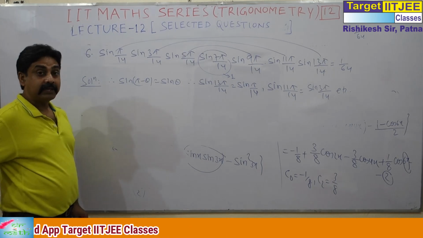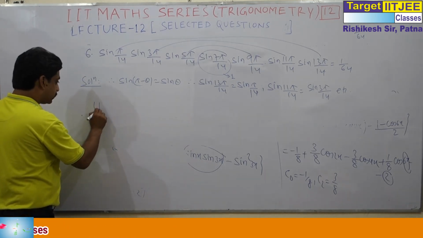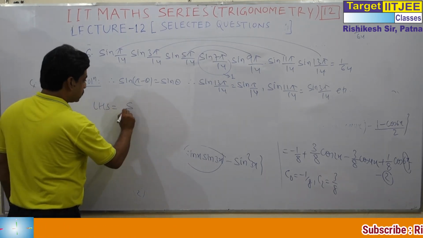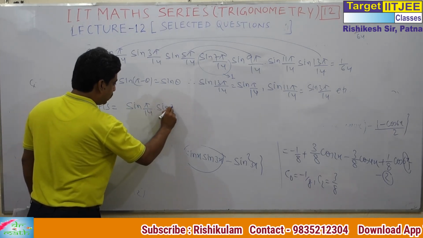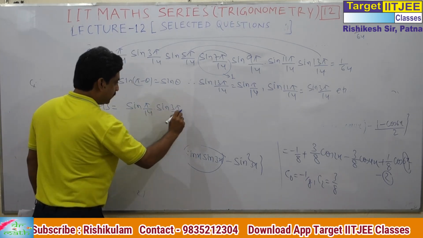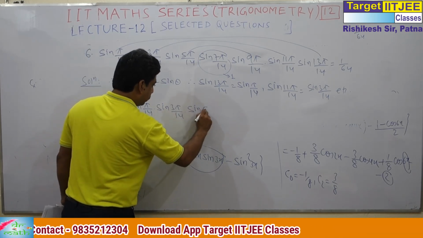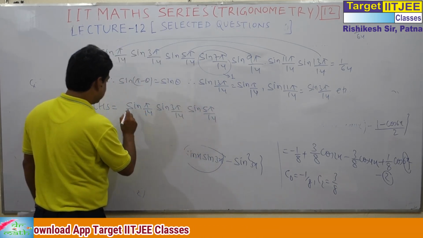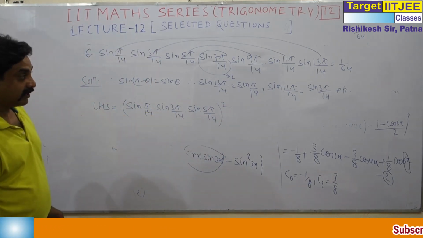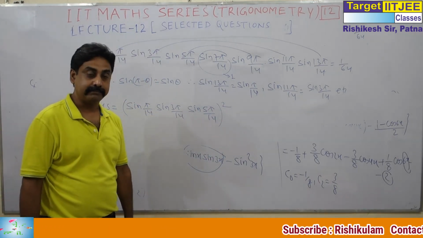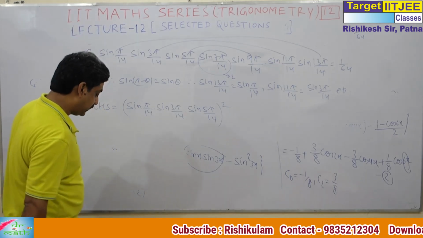There are 7 terms in the question, but it reduces to 3 terms. LHS: sin pi by 14, sin 3 pi by 14, sin 5 pi by 14, whole square. I have pointed out sin pi minus theta equals sin theta many times in the first 6 lectures.